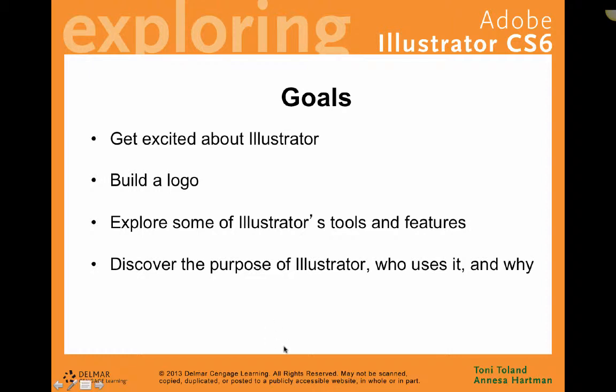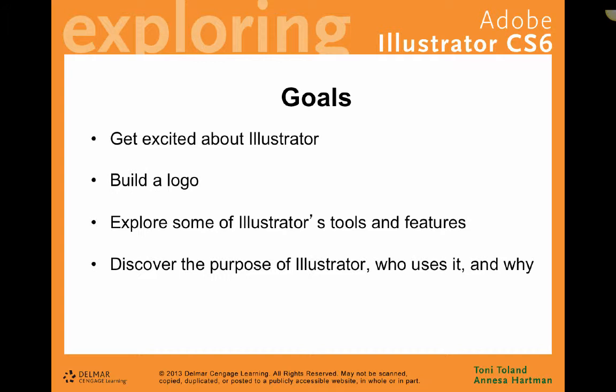But the goal of this particular chapter is, first of all, to better understand what Illustrator is all about, what you use it for. Illustrator is a vector-based software, which means that it is comprised of points and paths rather than pixels, as Photoshop, which is a bitmap or a pixel-based software. So again, we're going to learn a little bit more about that in Illustrator.